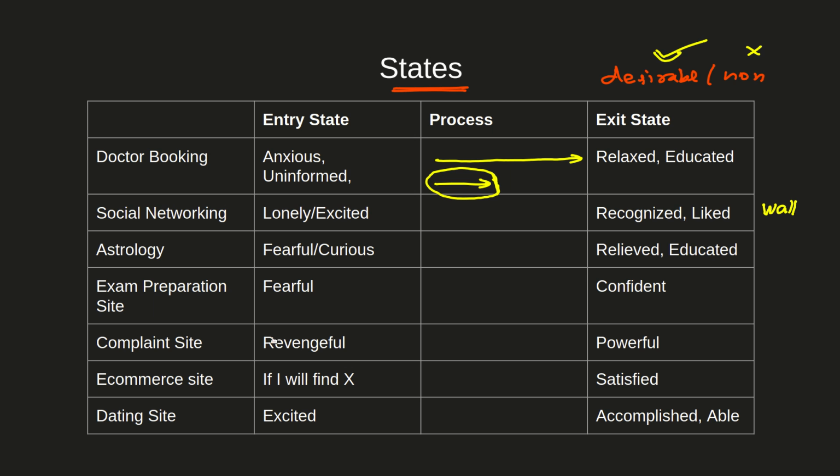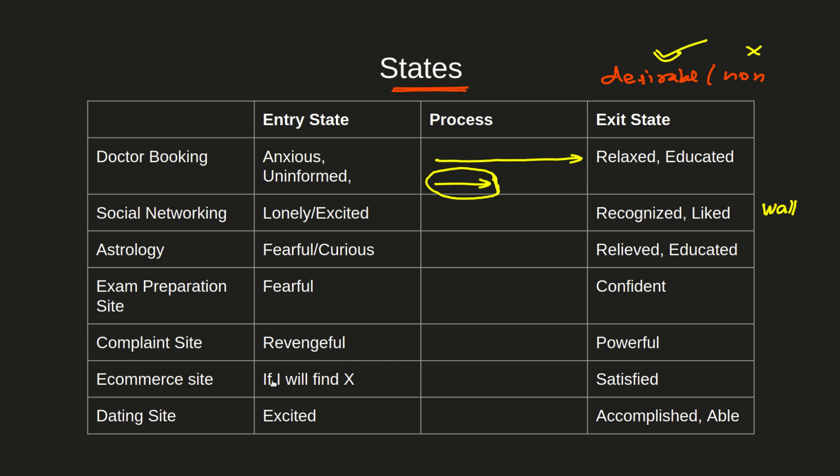Then the complaint site: you were revengeful, now you have taken the revenge. Now you should feel powerful that you have taken the revenge. This person will be found guilty and will be punished. That is what I want to achieve at the end of this, a resolution.